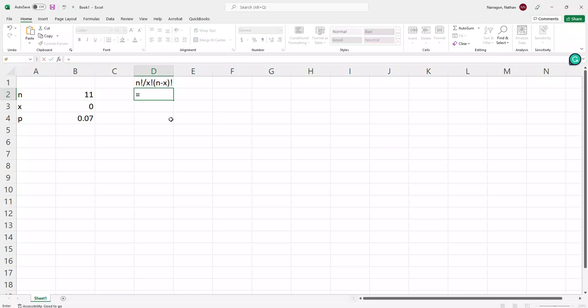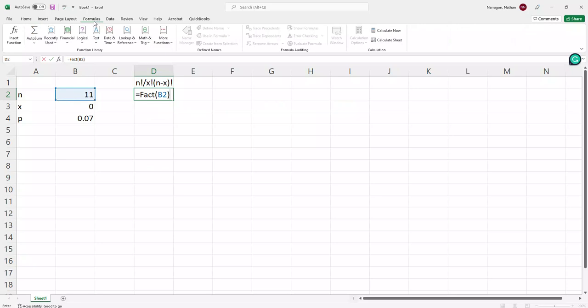Now, for factorials, the formula is FACT, and all we have to do is insert the number. So n, that is the 11, so we'll put that in the box.